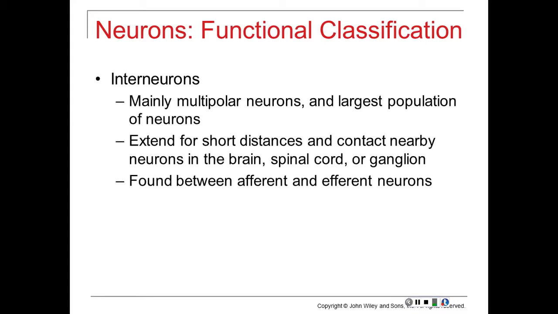Afferent sensory neurons bring the information in. Interneurons are then going to decide what to do, and then the efferent neurons will carry out the motor command. So they extend for very short distances. They contact nearby neurons within the brain, within the spinal cord, or within specific ganglia in the body. And if you recall, ganglia is just a group of cell bodies.